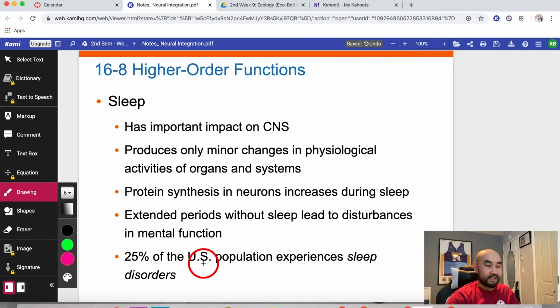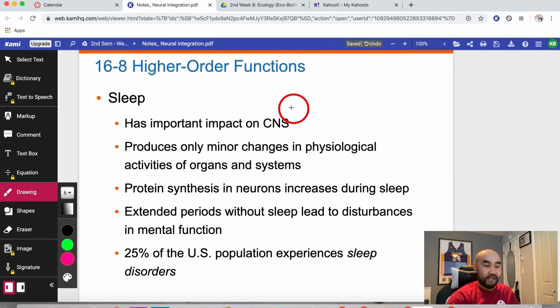Okay, sleep is very important, right? It helps our brain and spinal cord to grow, to process information, to store information, to become memory. It also allows our organs and other systems to recuperate. It allows protein synthesis in neurons to increase during sleep.